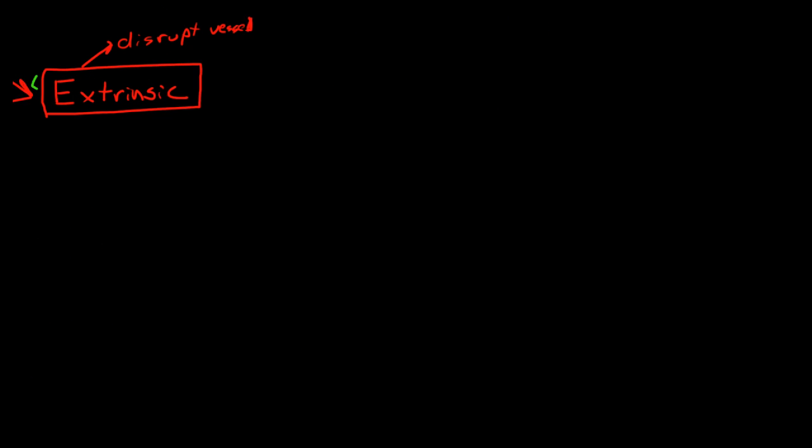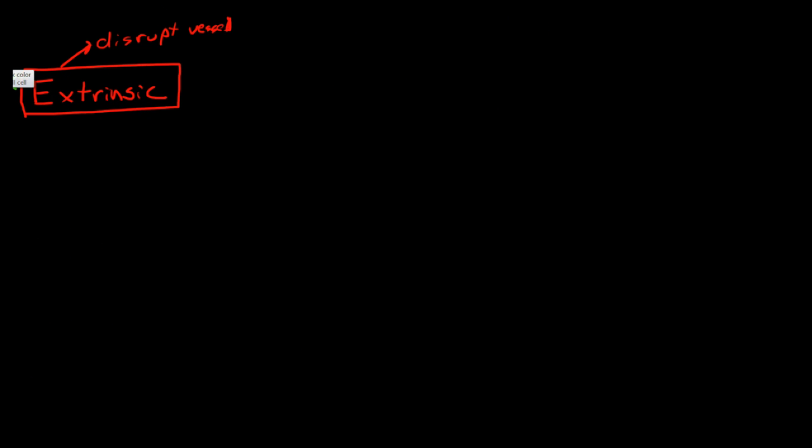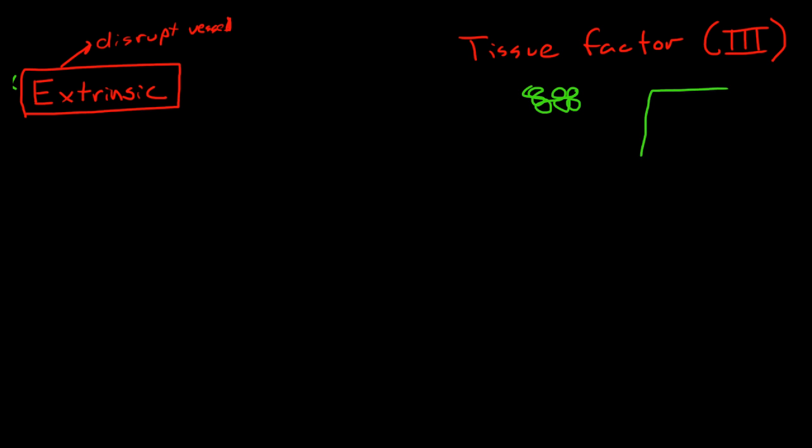Okay, so the extrinsic pathway all starts out with a protein called tissue factor, also known as factor 3. Now, this factor is a protein that is found in 3 different places in the body.